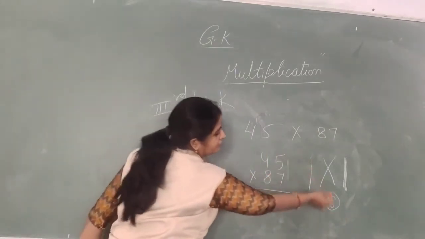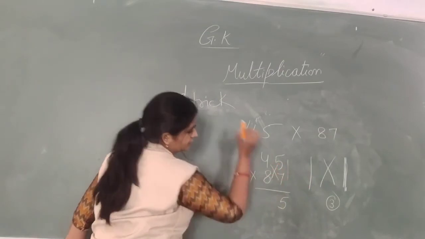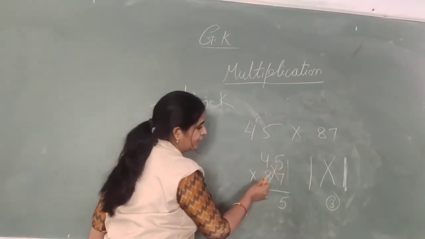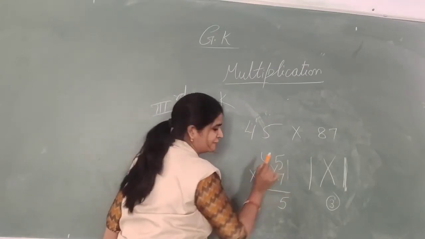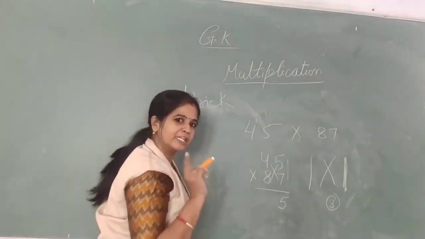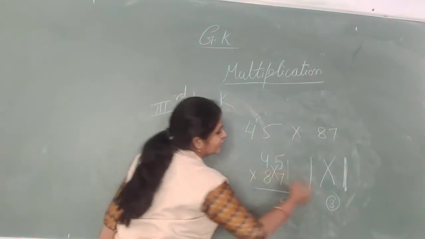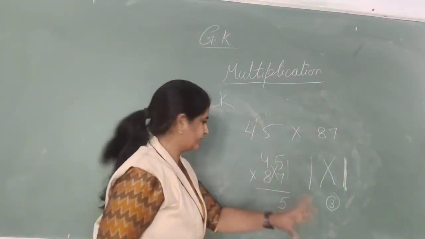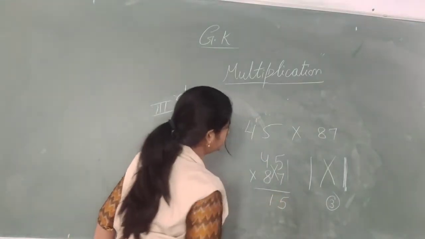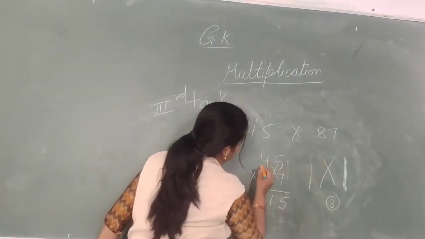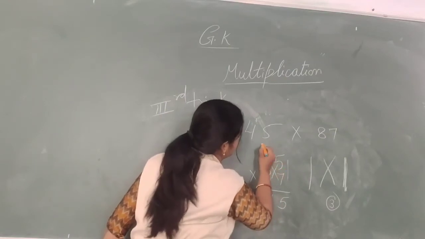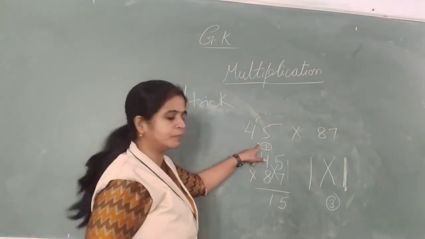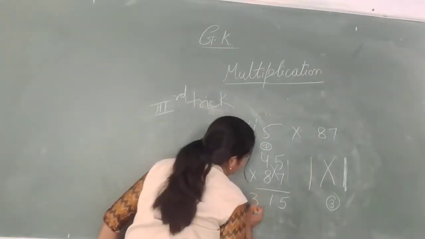Now you multiply by cross and add them. 7 4s are 28, 8 5s are 40. 40 plus 28 is 68. 68 plus 3 is 71, 1. And now 7 is carried. 8 4s are 32, 32 plus 7 is 39. That will be your answer.